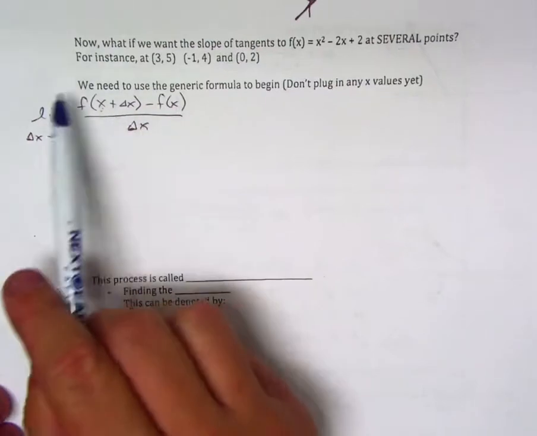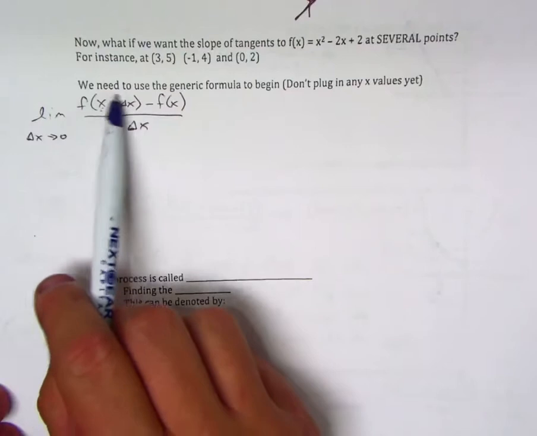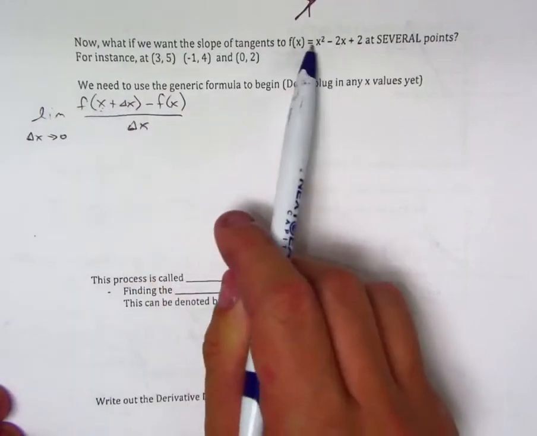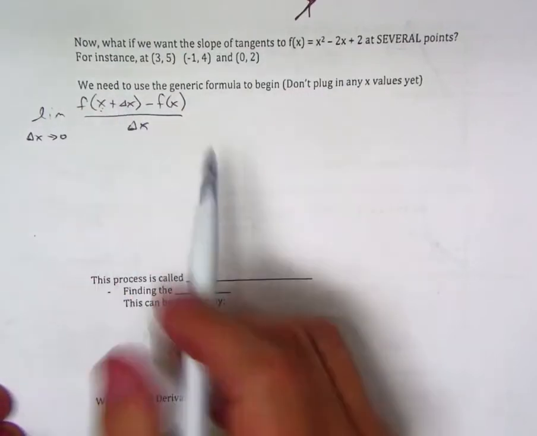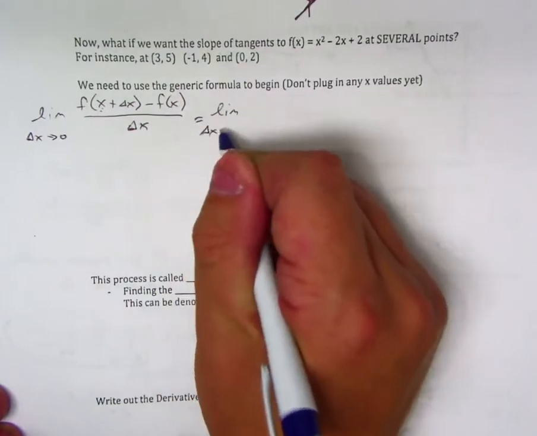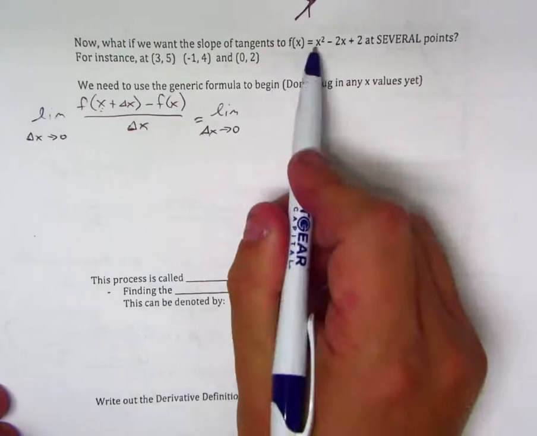Okay? So here's what I want to evaluate. I don't want to plug a number in for x. I want to just take x plus delta x and have that be our input for these x's up here. We're just going to input x plus delta x. So we have the limit as delta x approaches 0. We're going to plug x plus delta x in for these x's.